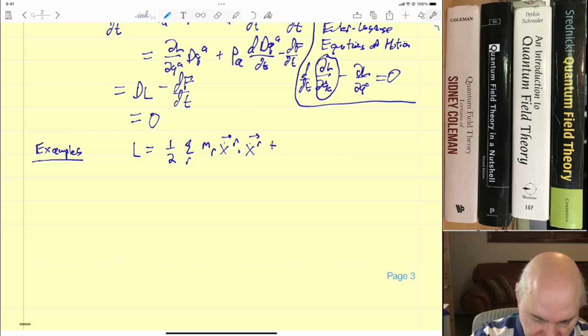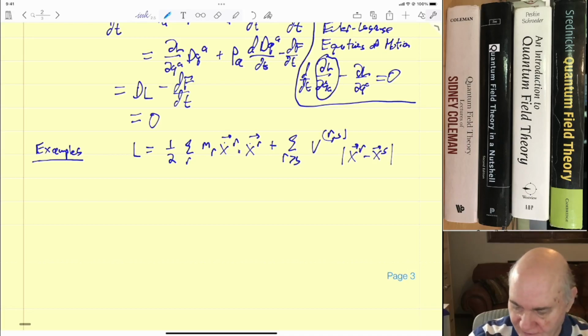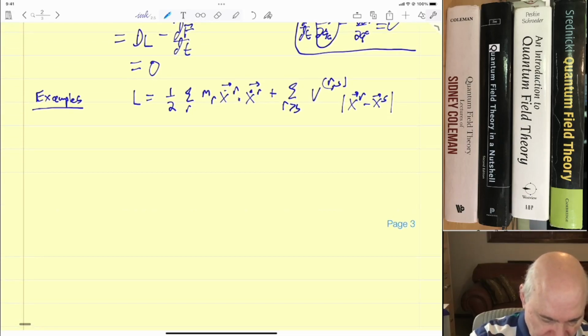This is the kinetic energy, and then I'm going to have a potential energy. So you can see if we translate it, the potential won't change, and if we translate it by a constant amount, the derivatives will kill that. So this has a symmetry. We know the change in coordinates for a translation.